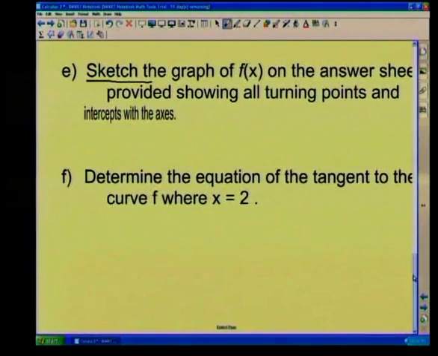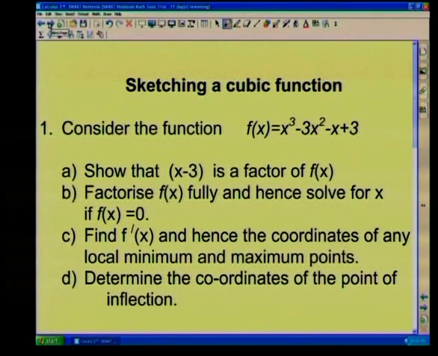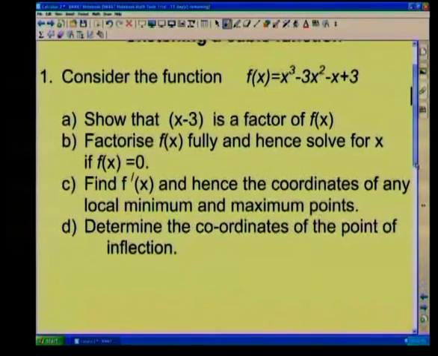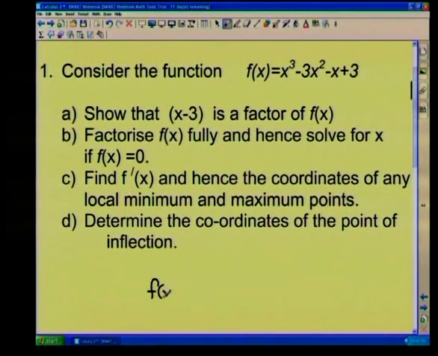And then last but not least, they ask you to find the equation of the tangent to the curve. Now that one I'm going to do with you. The others you can do on your X sheet. I'll put them there as an example. So let's go to the next page because I think I had it over here. Yes, I did. There's your question. It's f of x equals, and I'm just going to write it down here so I've got it at hand, x cubed minus 3x squared minus x plus 3.